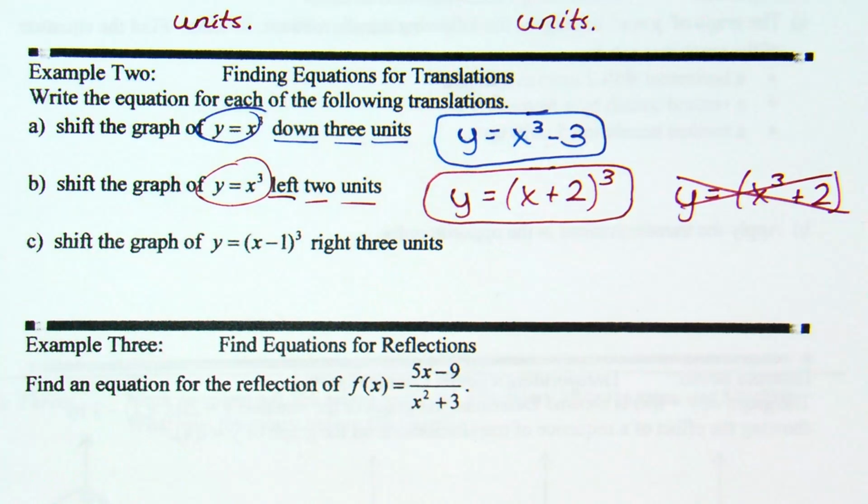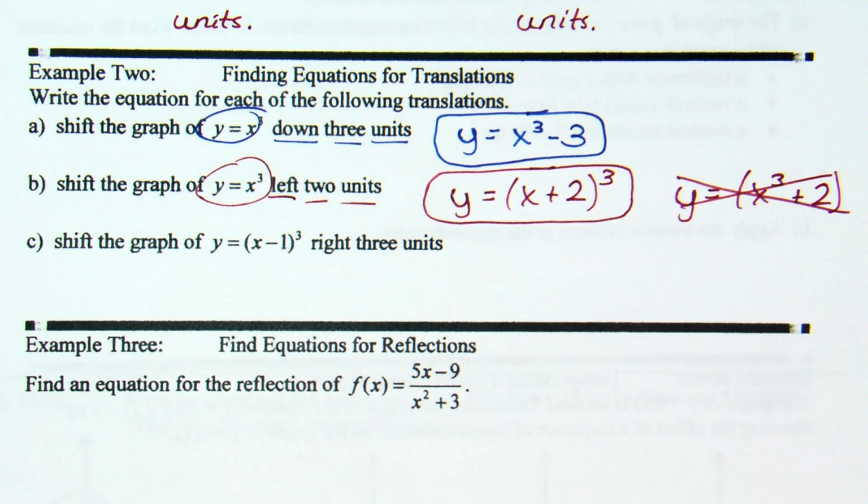The idea is, if you're going left or right, you have to put the number with the x. If that means you have to scoot the cubed over, then that's what it means. It would be the same thing as if it was absolute value. You would scoot the absolute value bar over, right?